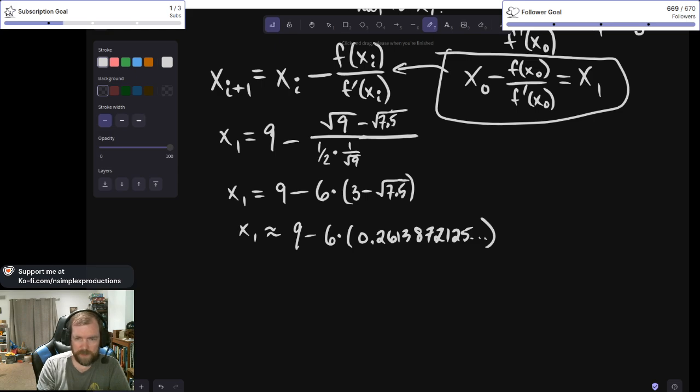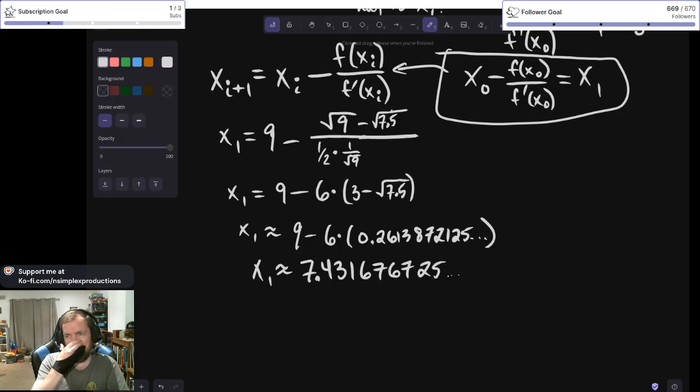Right, so we multiply that by 6. We'd say 9 minus that answer is going to get us x1 is approximately 7.4316776725. Not bad. Right? 7.43 is much better than 9.